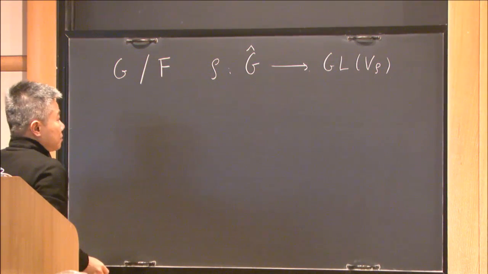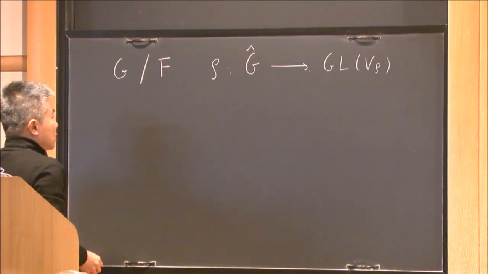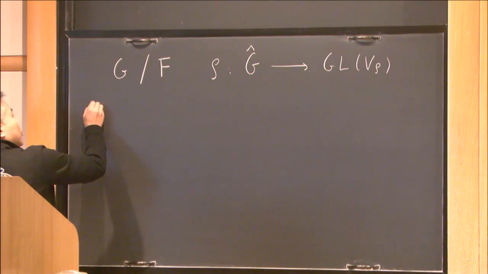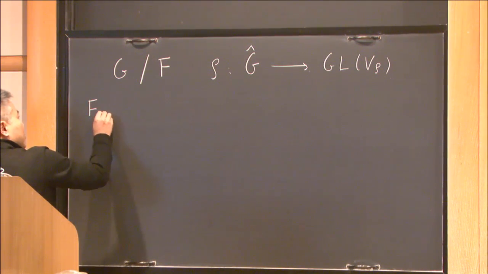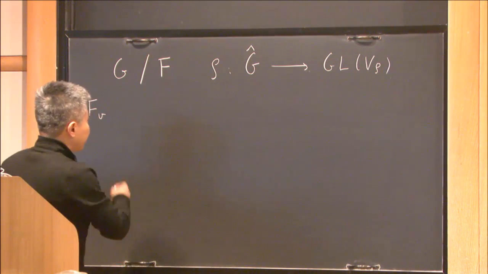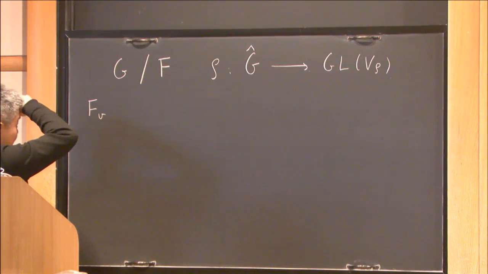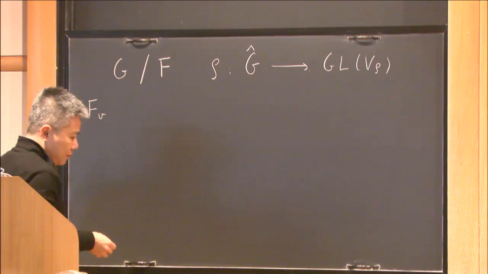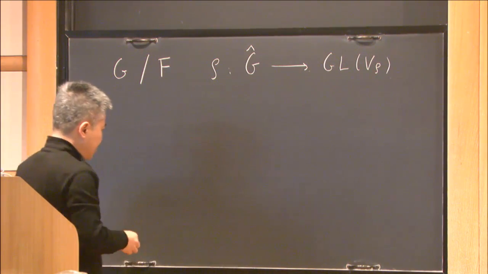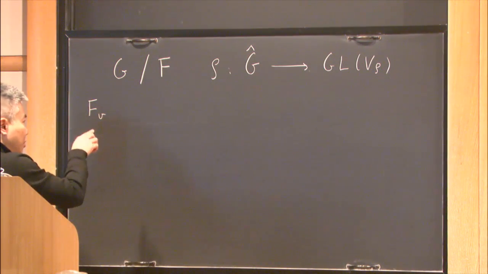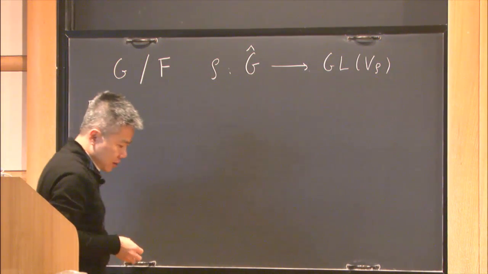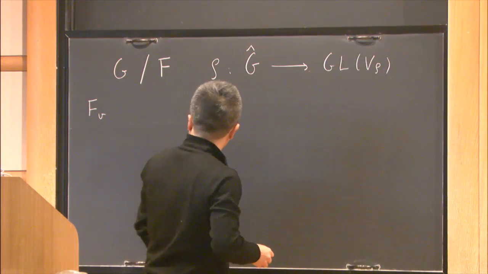Okay, so now let F_v be a local non-Archimedean field, a completion of F at some place. Let me summarize the Braverman-Kazhdan proposal of generalizing the Godement-Jacquet story.